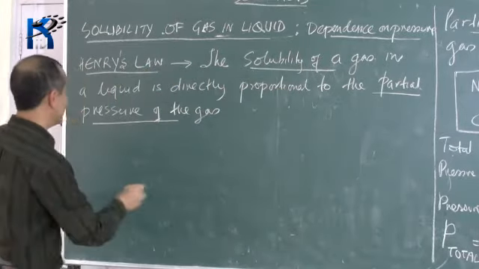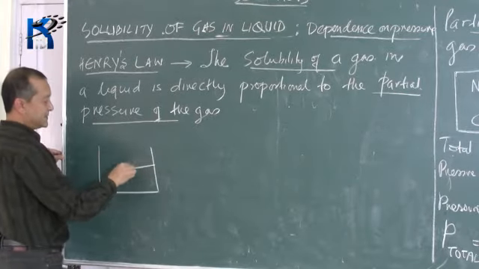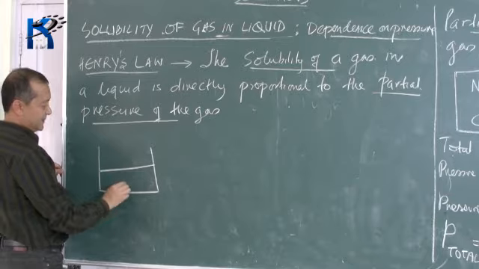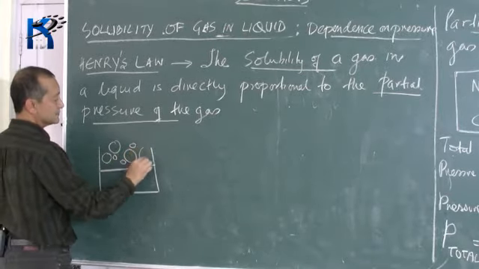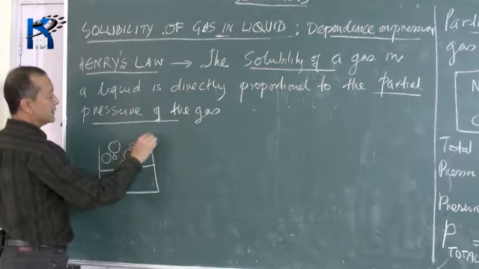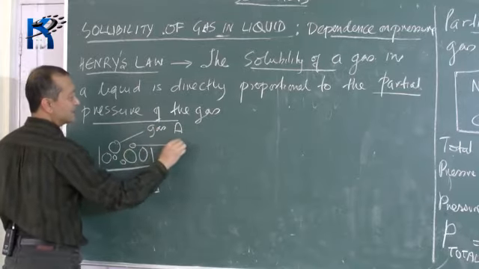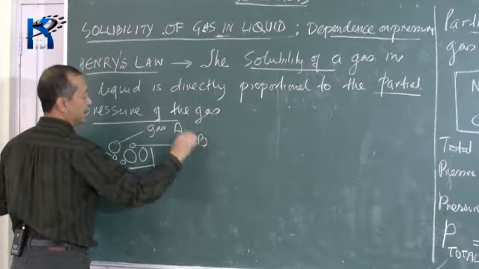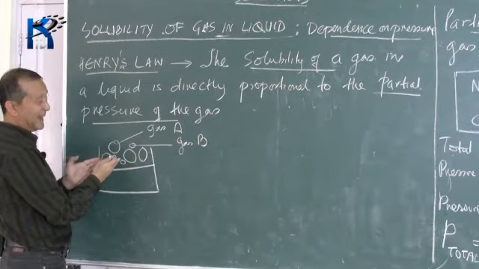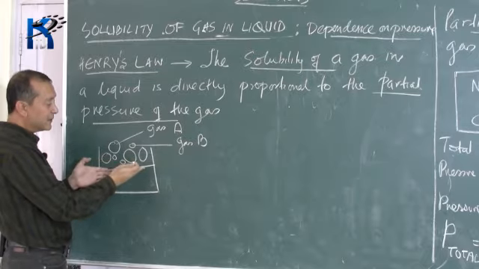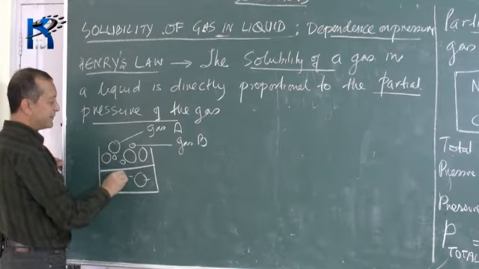So first of all, let's explain this diagrammatically. Supposing we have two gases, A and B. This bigger one is gas A and the smaller one is gas molecule B. Whenever we have a mixture of gas A and B on top of a liquid, some of the molecules will dissolve.